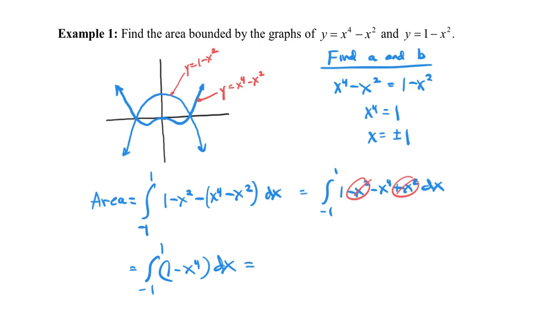So that's the integral that we would need to solve. And this one is pretty straightforward. You can use the power rule twice. We get x minus 1/5 x to the fifth between -1 and 1. So we plug in a 1 at the top, and we'll get 1 minus 1/5, minus, I plug in a -1, we get -1 plus 1/5.